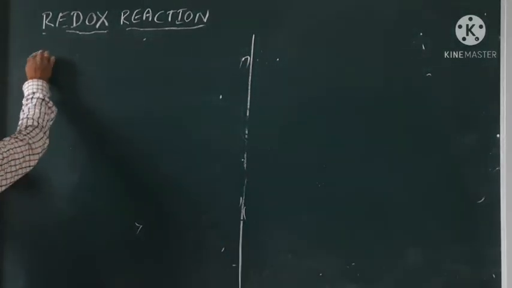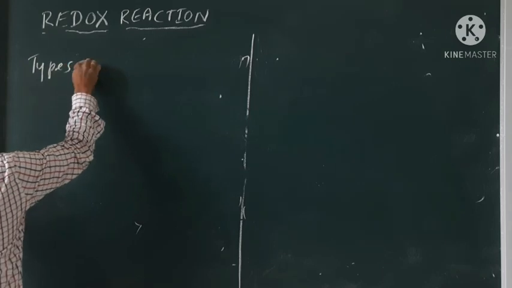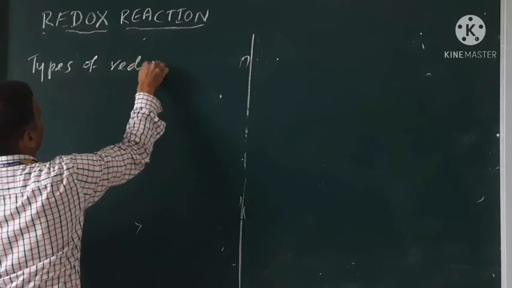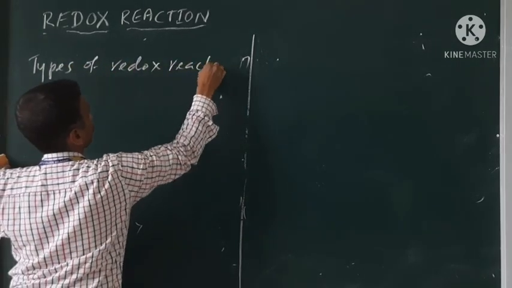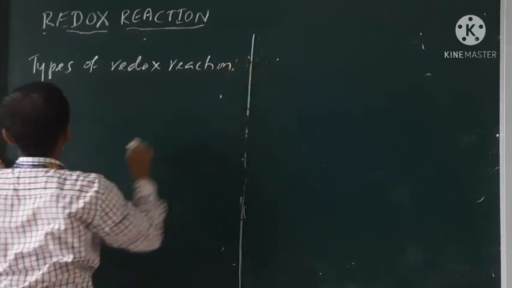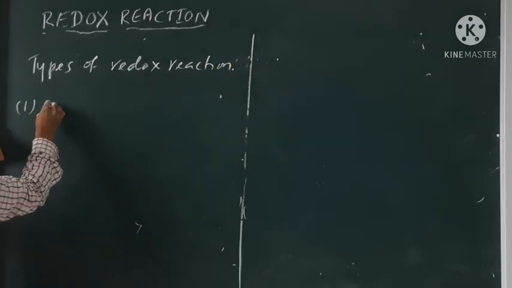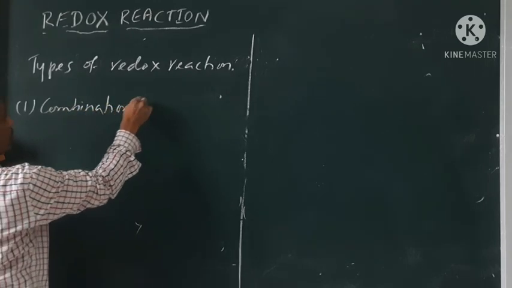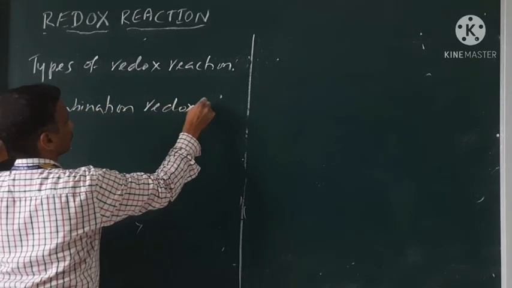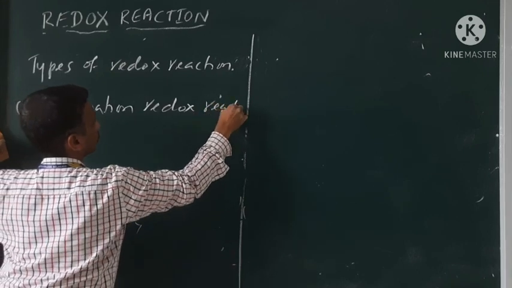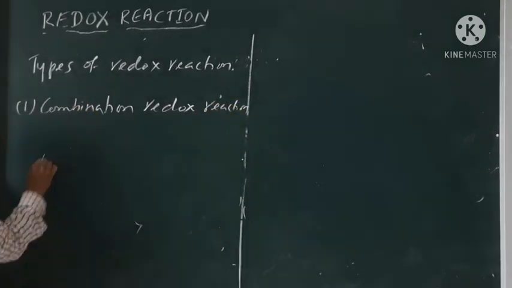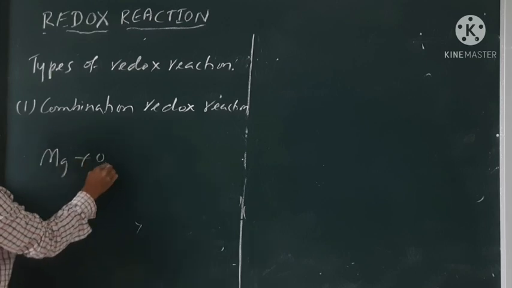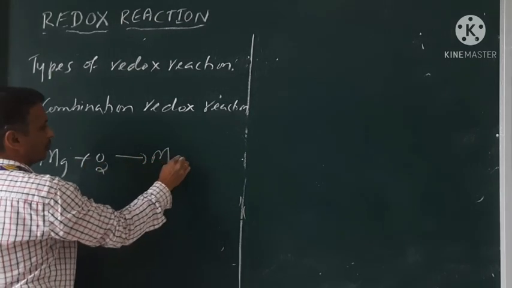Now, next one is types of redox reaction. First one is combination redox reaction. So Mg plus O2 giving MgO.